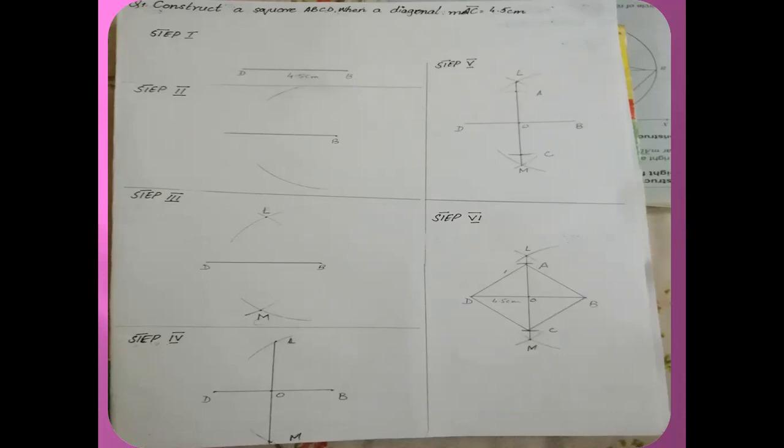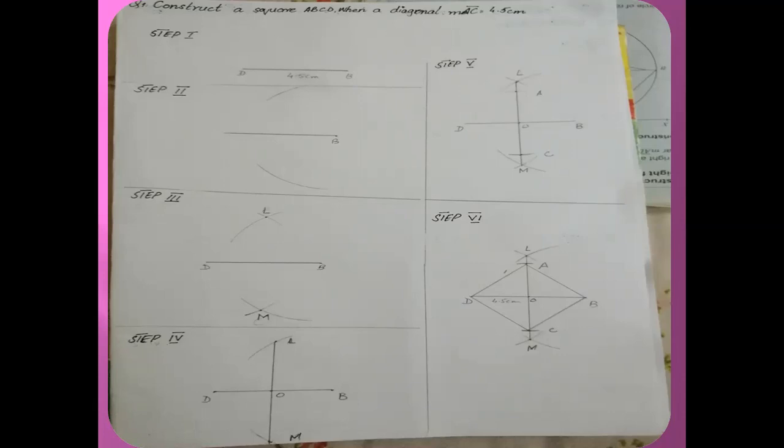Again, we draw the line. Open your compass 3 centimeters. Put the compass on point B and draw the arcs upward and downward. Same procedure with the same radius: we repeat on point D. Put your compass on point D and draw the arcs upward and downward. We got 2 points, L and M. Join them.